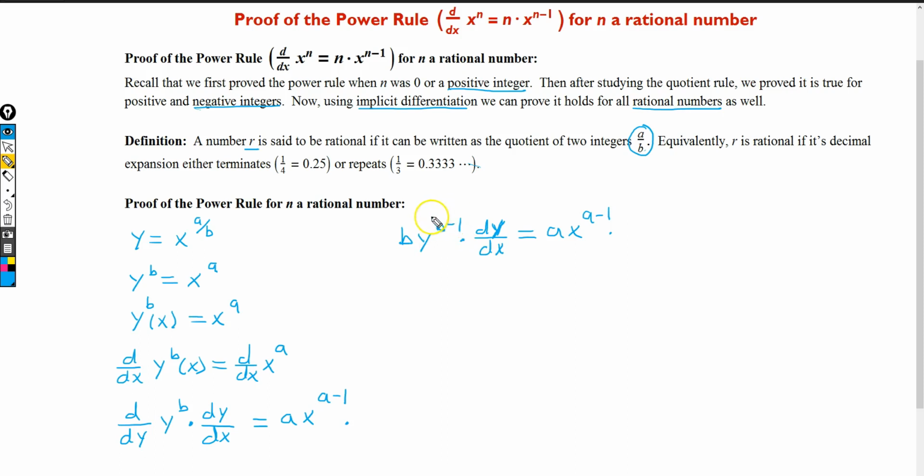Now we take the b times y to the b minus 1 and divide it to the other side to isolate dy/dx, because that's what we want to obtain. Now, the y we know is equal to x to the a over b power, so we put that in place of the y, and what we get then is the following.